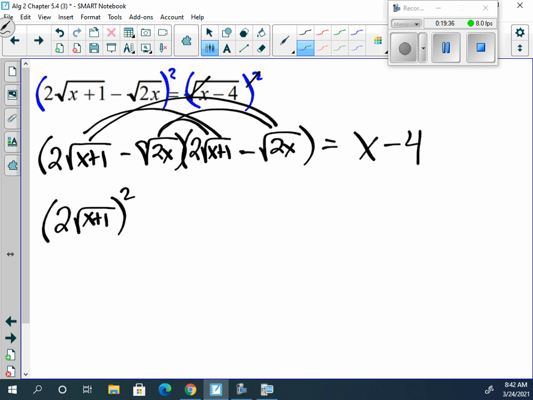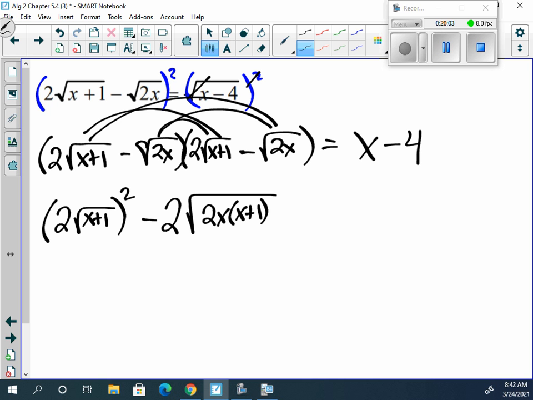Now 2 square root of x plus 1 times negative square root of 2x. What's interesting with this is this is going to be negative 2 square root. Because the radicals are the exact same index, we can actually multiply what's inside. So what we're going to actually have is 2x times x plus 1 on the inside.